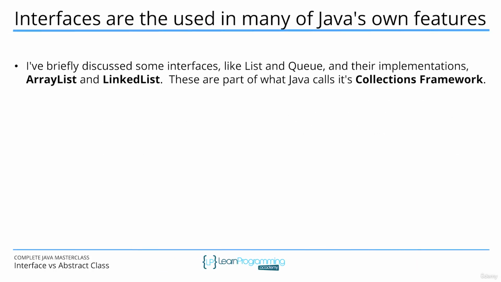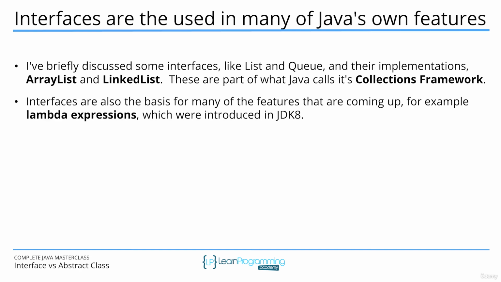I briefly discussed some interfaces like List and Queue and their implementations, ArrayList and LinkedList. These are part of what Java calls its collections framework. I will be talking about this group of types and classes a lot more later in the course. Interfaces are also the basis for many of the features that are coming up, for example Lambda expressions, which were introduced in JDK 8.